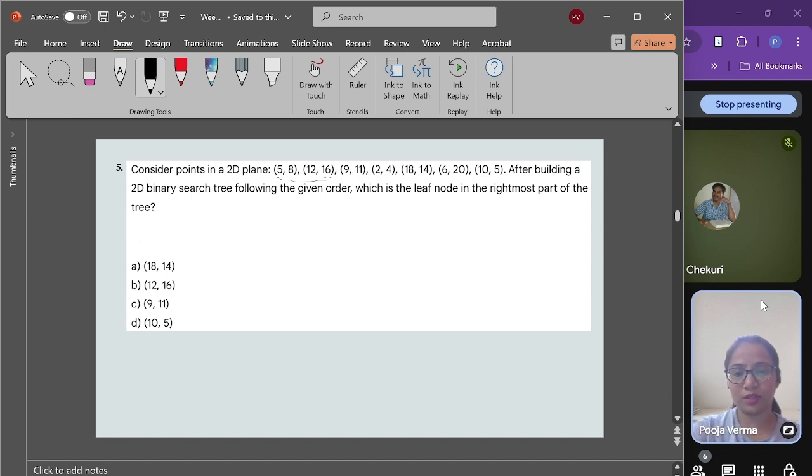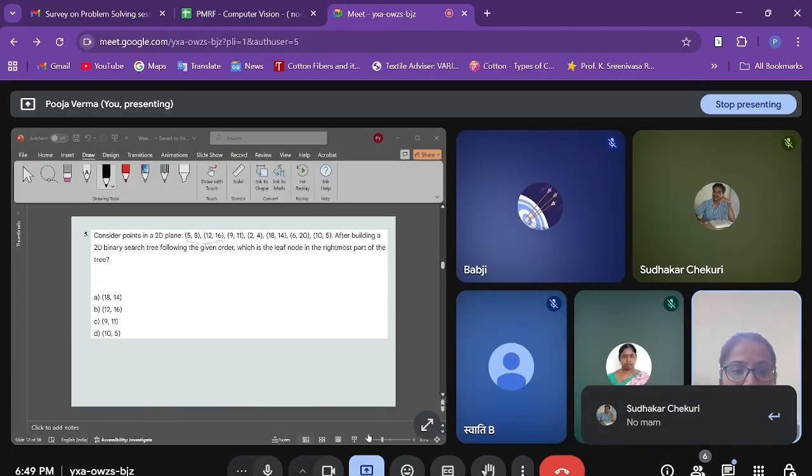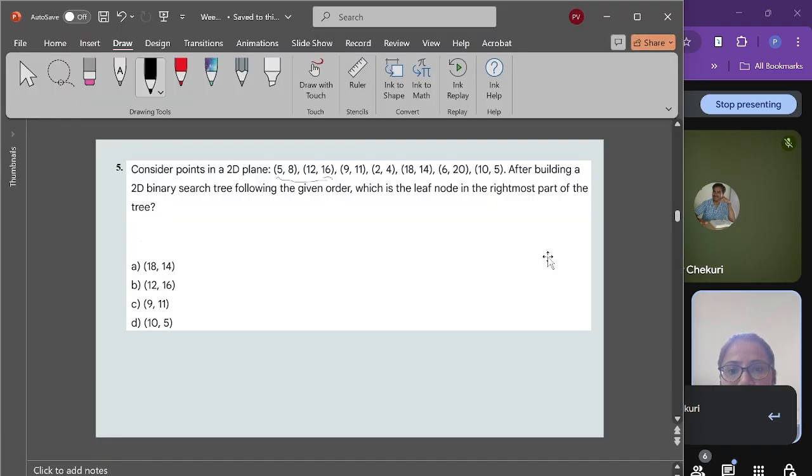Okay, so let's solve it. The first point is given as 5, 8, and we need to take them only in this order. So 5, 8 is the main node, or the principal node.